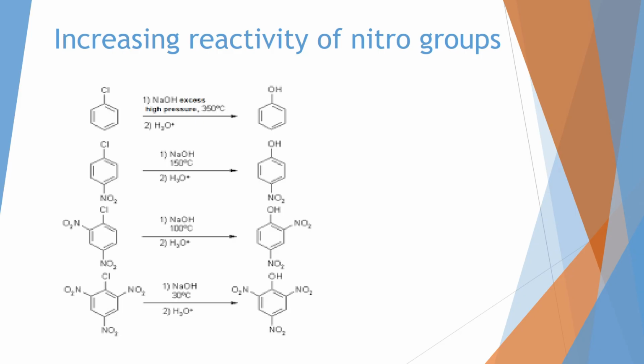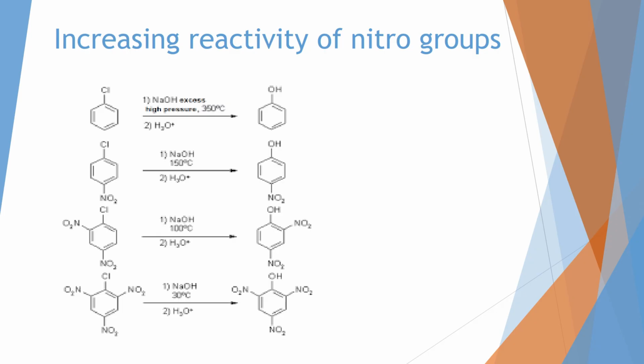Then, the increasing reactivity with nitro groups. You just see I have given a comparative account of all these. Chlorobenzene at 350 degrees centigrade gives you phenol, and the para substituted chlorobenzene gives the reaction at 150 degrees centigrade, and if two nitro groups are present at ortho and para positions, then the reaction takes place easily at only 100 degrees centigrade.